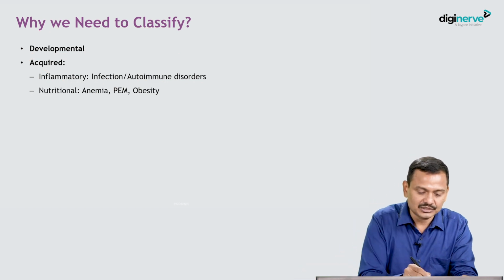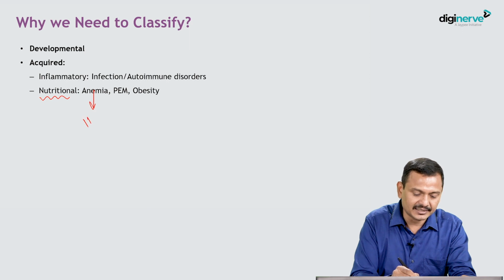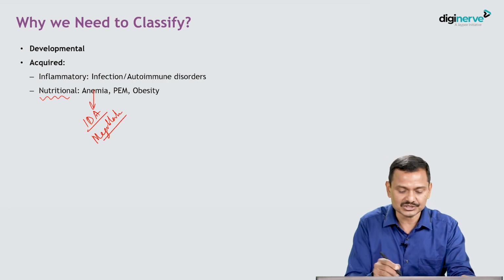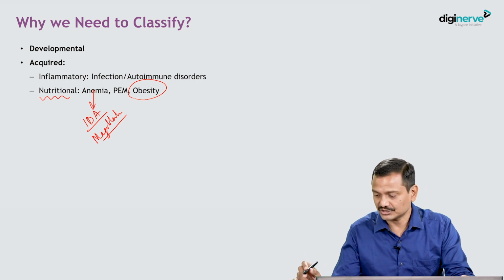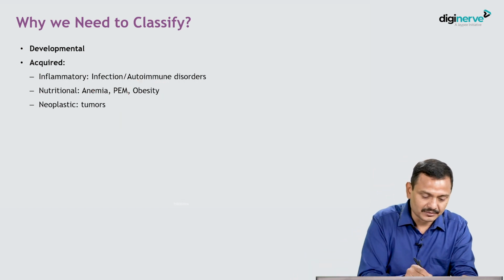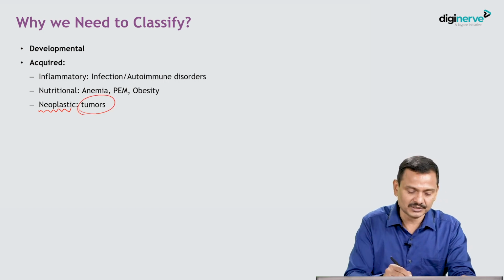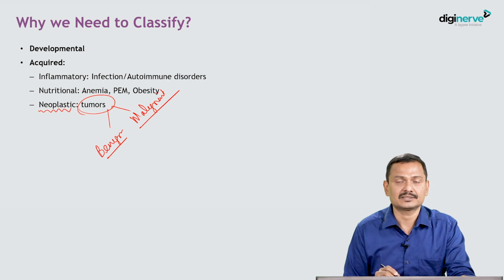The next comes nutritional, for example iron deficiency anemia or megaloblastic anemia. Even obesity is classified as a nutritional abnormality. The third comes neoplastic. Neoplastic means we talk about tumors, and tumors can again be categorized into benign or malignant.